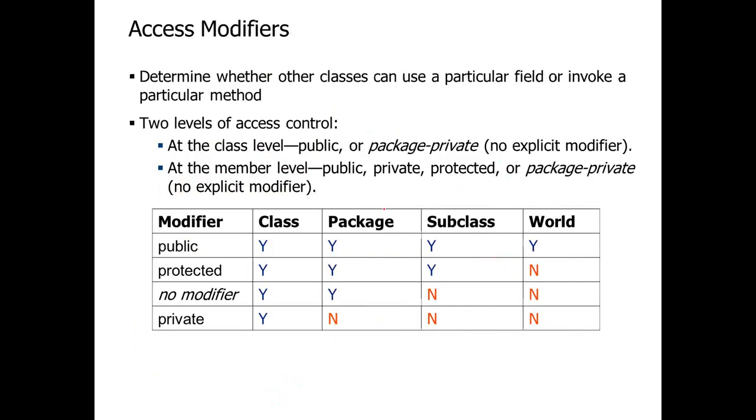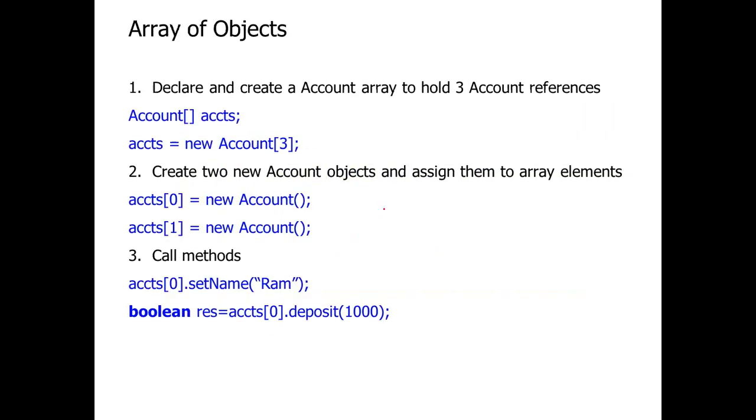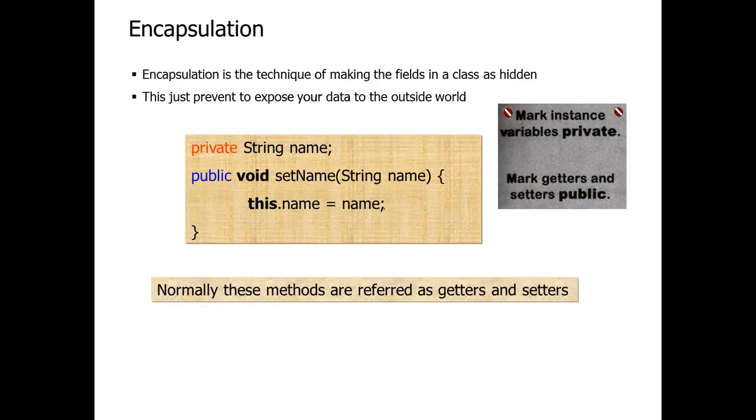I hope these concepts are clear. These are fundamental concepts for Java. We are in a stage now where we have discussed all the important stuff related to object-oriented programming paradigms: inheritance, encapsulation, abstraction, and polymorphism.